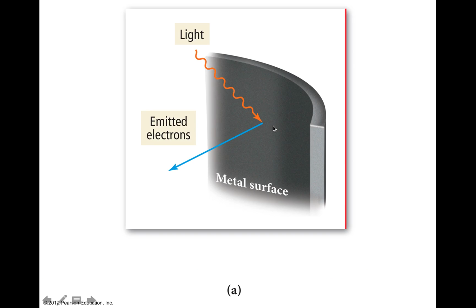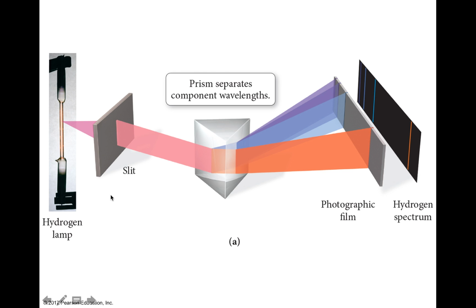Essentially what Niels Bohr did was he took hydrogen gas that was trapped inside of a glass tube, and he passed electric current through that hydrogen gas and found that the gas would glow, produce light. And he would take that light and pass it through a prism, and that prism separates the wavelengths. And then he produced what's known as an atomic spectrum.